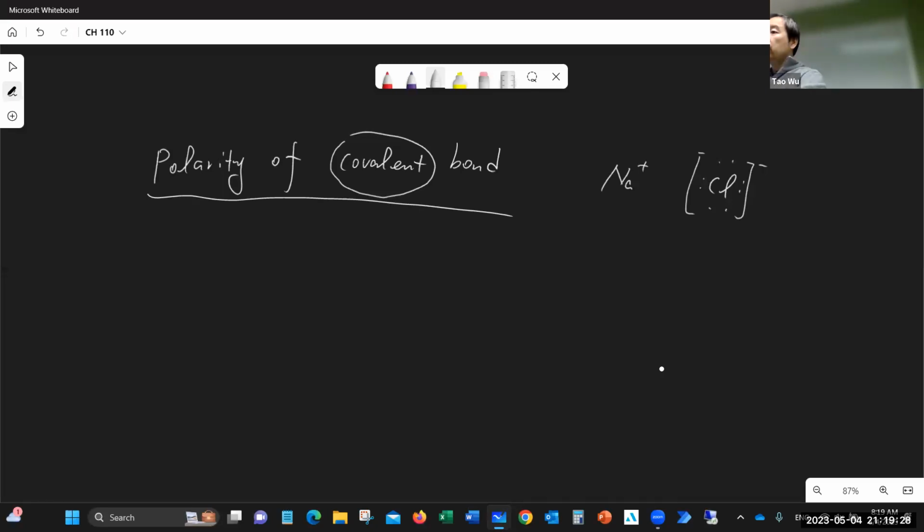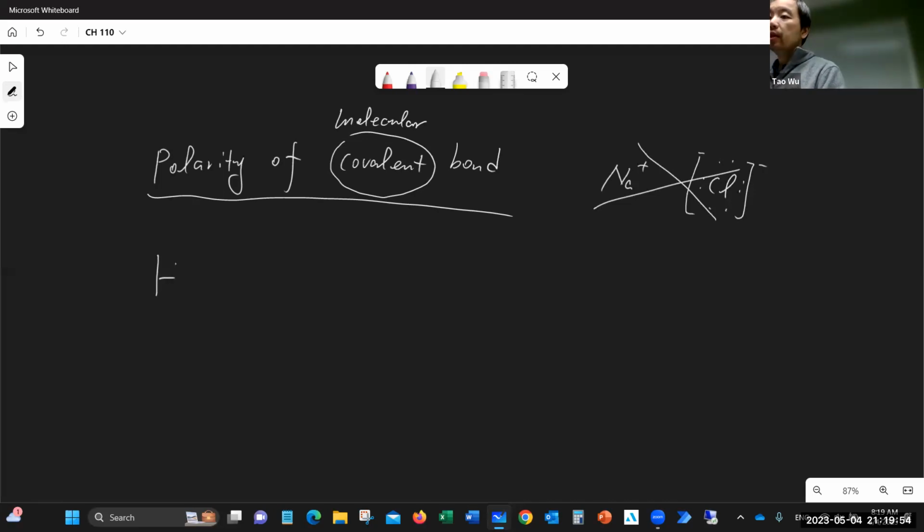So in this compound you already find one positive end and one negative end. So we're not counting the ionic compound. We're talking about the covalent or molecular compound.